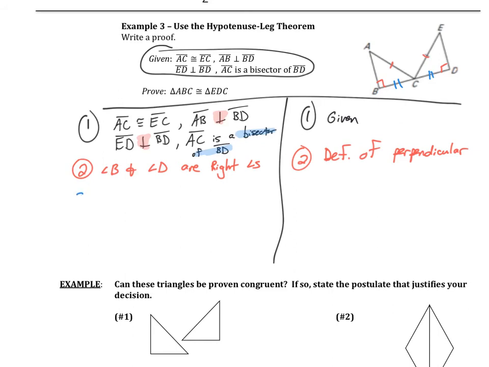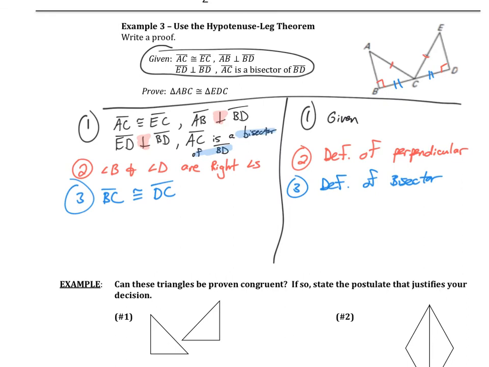What we can say is that BC is congruent to DC. And that is the definition of bisector. It cuts in half, so it makes them congruent.